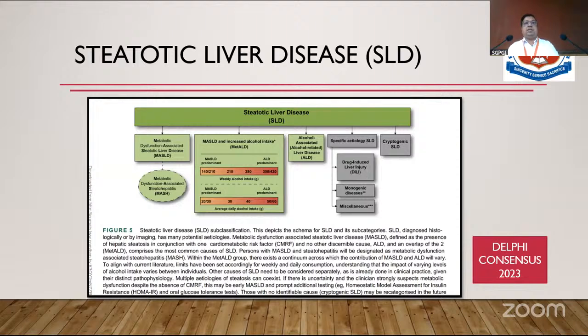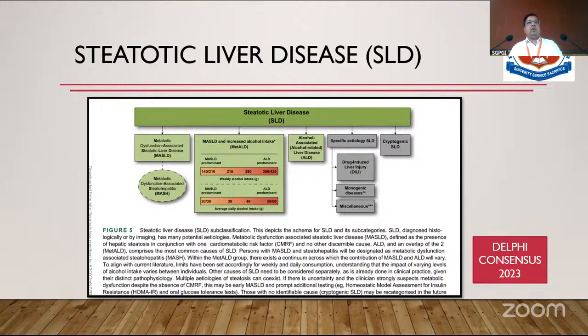If a patient comes with a fatty liver diagnosis on ultrasound or on biopsy, then we have to search whether the patient is taking alcohol or not. If the patient is not taking alcohol and is having cardiometabolic risk factors, then it is classified as a diagnosis of MASLD. If alcohol intake is more than 50 grams in females and more than 60 grams in males, then it is classified as alcoholic liver disease.